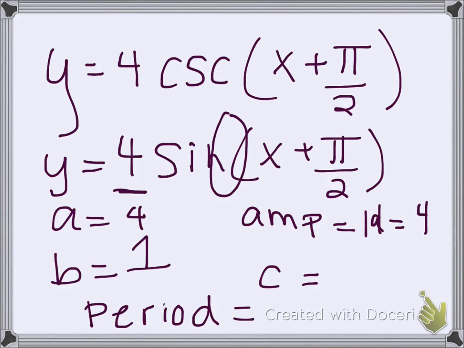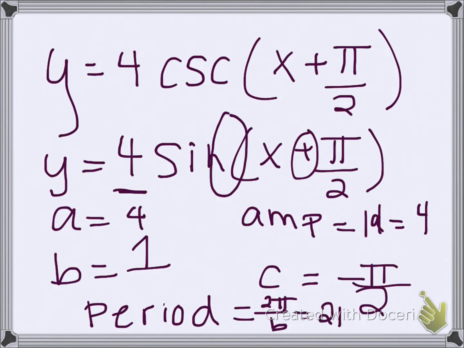And your C is always what follows the x. So in this case, it's negative pi over 2 because you have to change the sign that's here. Your period is always 2 pi over b. And in this case, since there's no b, it's only 1, it's 2 pi.